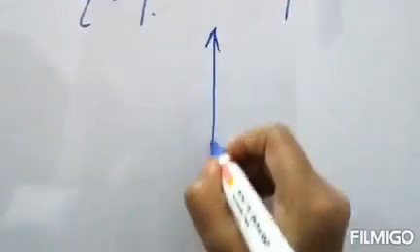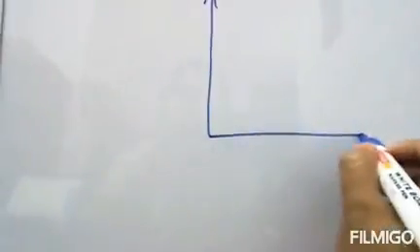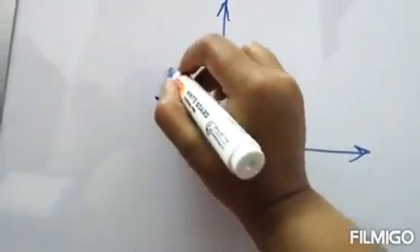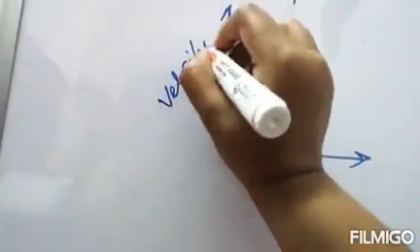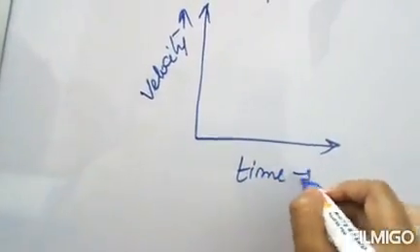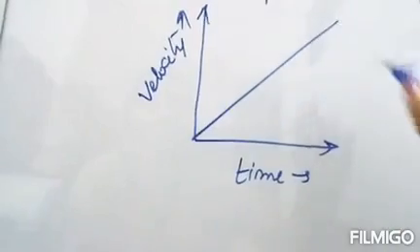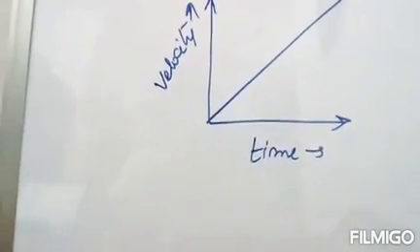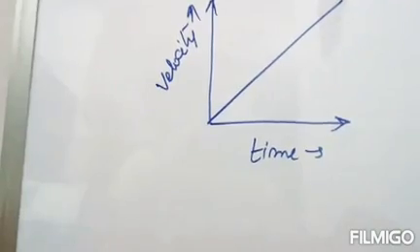But what if in equal intervals of time there is change in velocity? Then if this is the velocity and this denotes the time, the rate of change of velocity means acceleration.